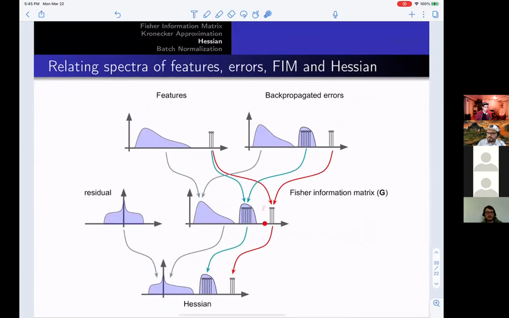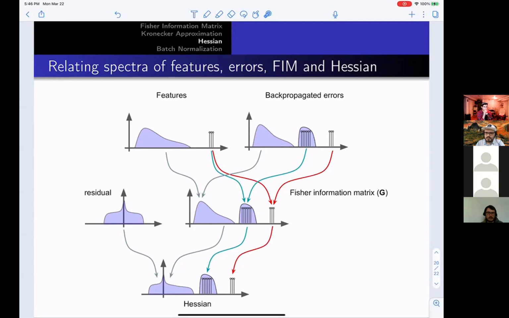The feature information matrix has a set of outliers which are being inherited by the Hessian. There is a mini bulk which is being inherited by the Hessian, and there is this residual term which is creating this symmetric distribution around the origin, which is creating these negative eigenvalues. This is the meta plot that combines everything.